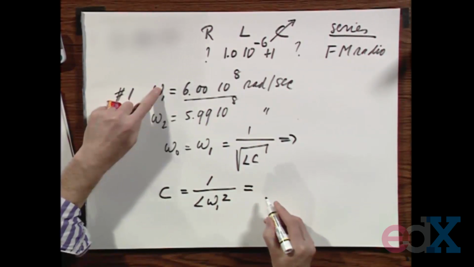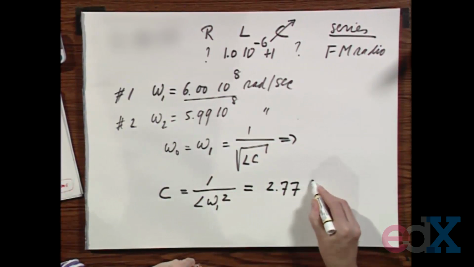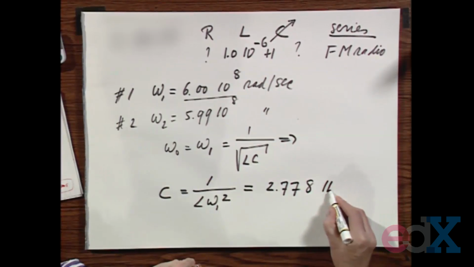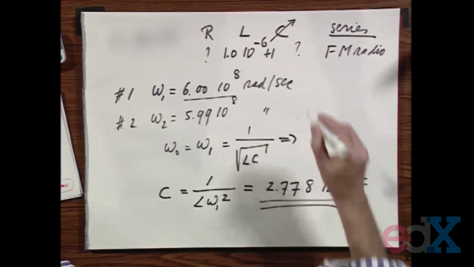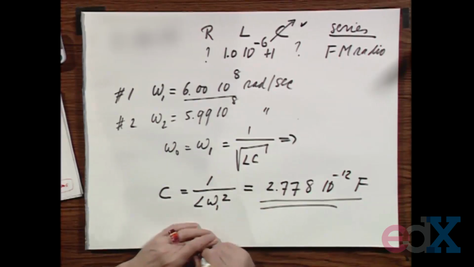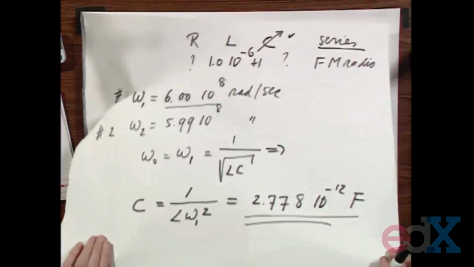I know what omega 1 is, I know what L is, and I found, I could have made a mistake, 2.778 times 10 to the minus 12 farad. So I know how I should tune C in order to receive omega 1 at its resonance frequency.